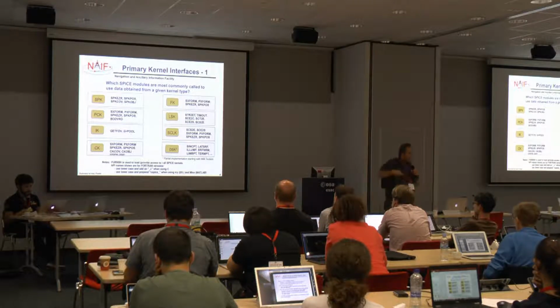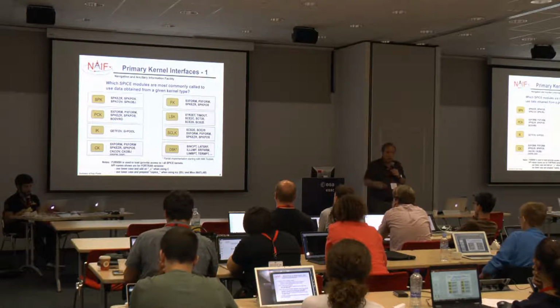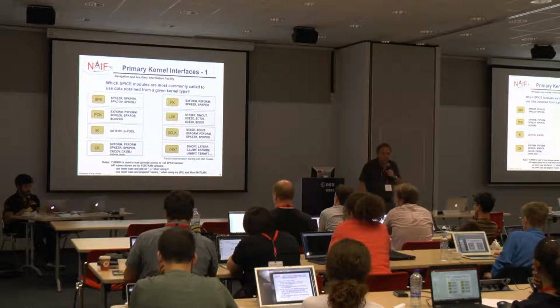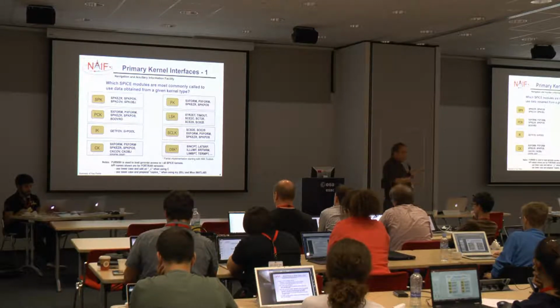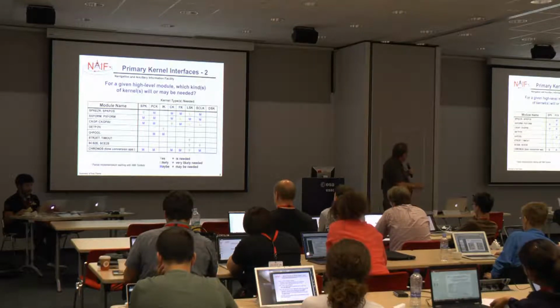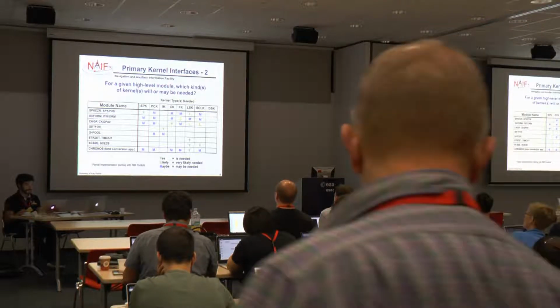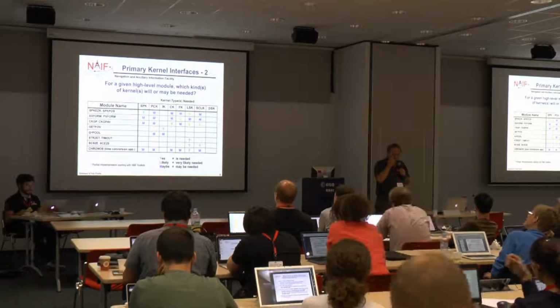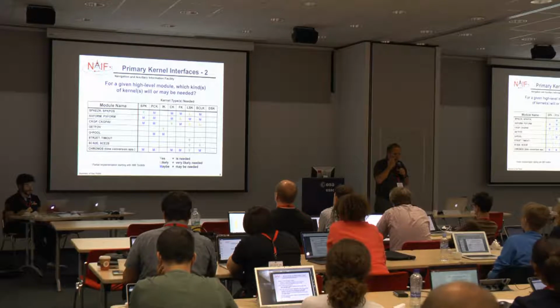So there's no need to go through this anymore. You've heard about all of this stuff several times now. The important thing is just be aware that this chart is here to perhaps help you find the routine that you want. And again, in the inverse sense, if you've got a particular subroutine and you're wondering, gee, which kernels do I need in order to support this routine?